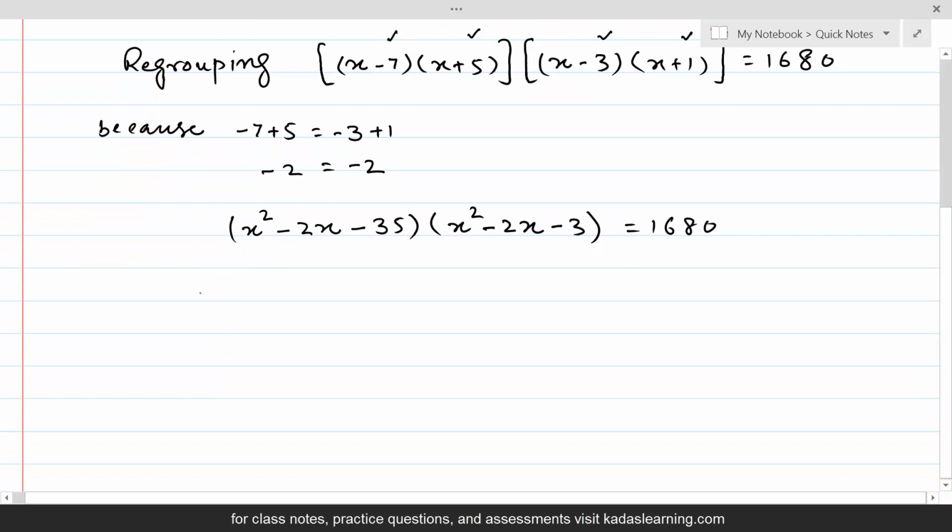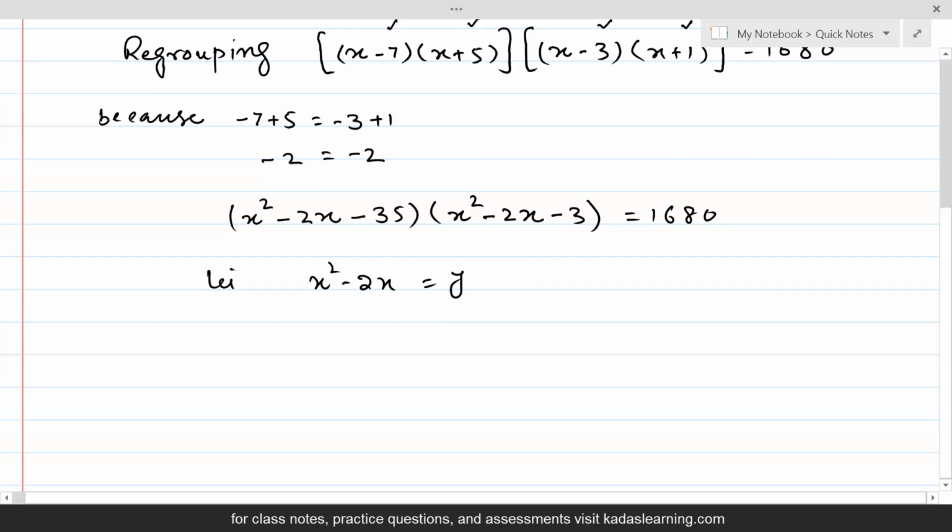So now let x squared - 2x be equal to another variable, let's say y.